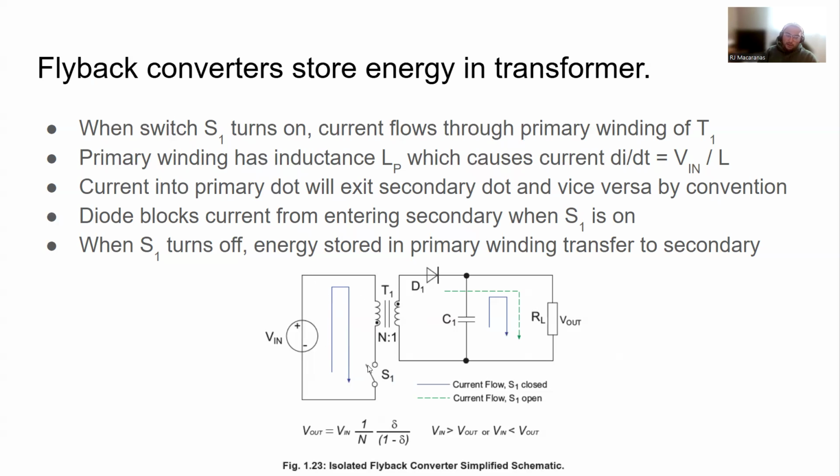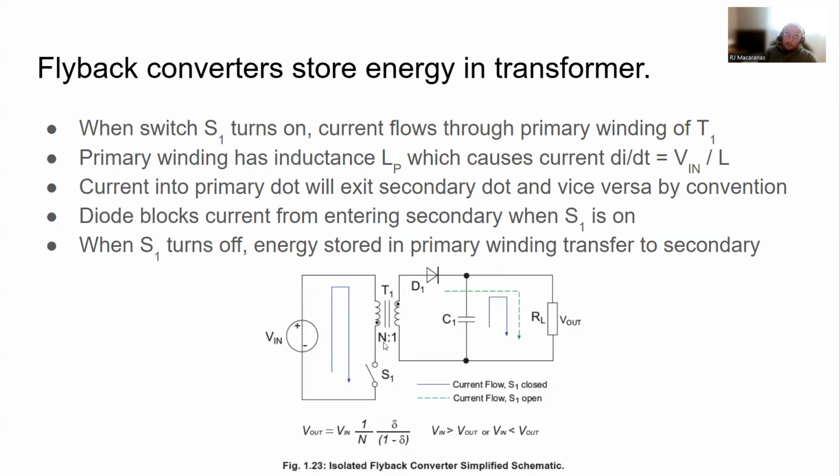And it's going to create a little magnetic field through that inductance, and the magnetic field is going to couple onto the secondary winding, and it's going to then cause some amount of current to flow. One thing to note here is the dot convention of these transformers, because that's one thing that people often forget.